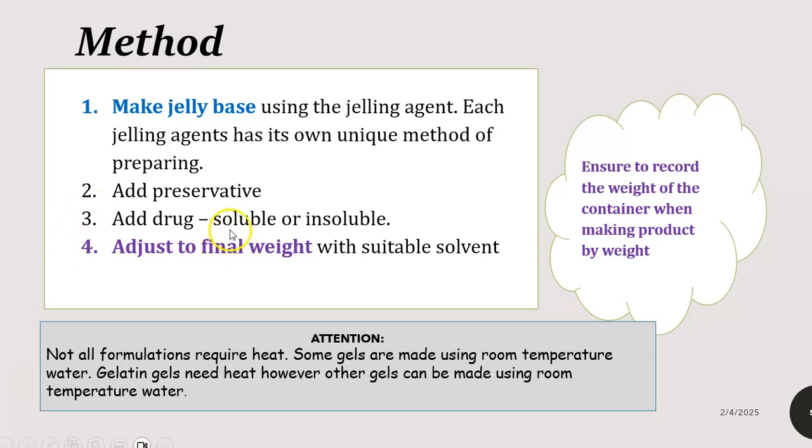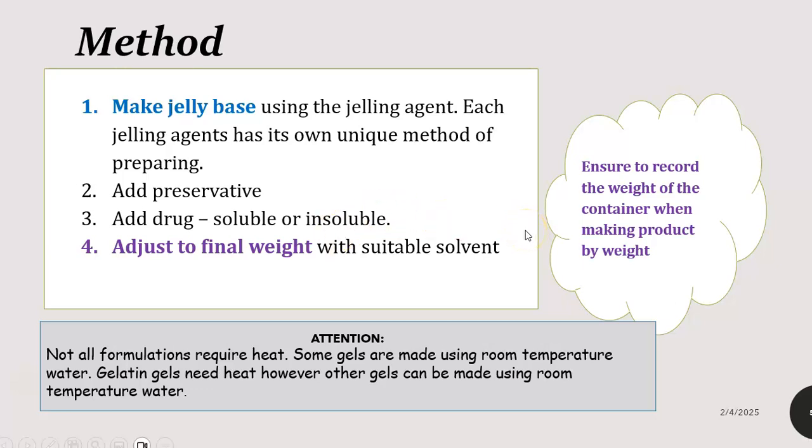We then add our drug effectively, whether soluble or insoluble, and of course, if we're mixing, recover all contents as much as possible from the stirring device, because most jellies in our compounding lab will be made by weight. Yes, making by weight is important, so you want to recover anything from the stirring device that you're using.